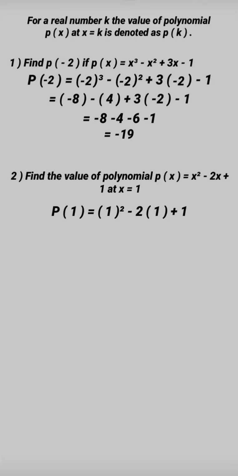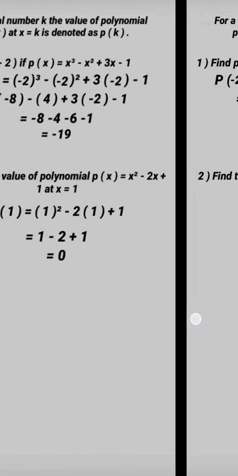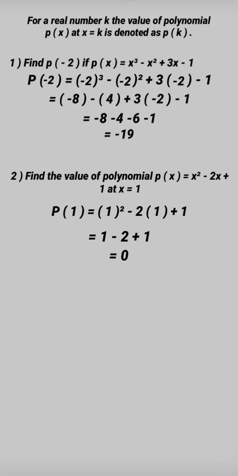Here what we get is p(1) = 1² - 2 × 1 + 1. Then 1² is 1, minus 2 into 1 is 2, plus 1. 1 plus 1 becomes 2, 2 minus 2 is 0. So the value of the polynomial at x = 1 is 0 in this case.